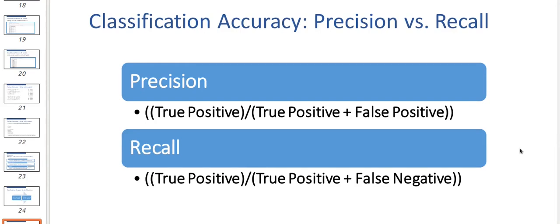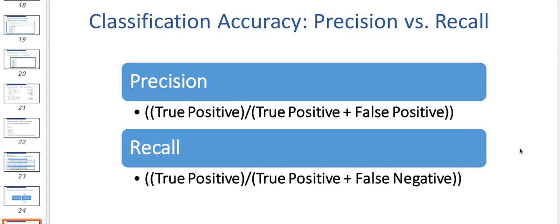Precision versus recall can be influenced by the false positives versus false negatives in a particular data set, or the results that a particular model is giving us.